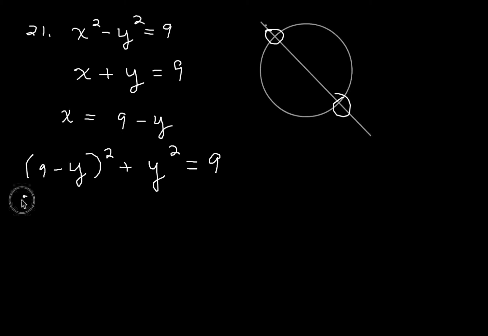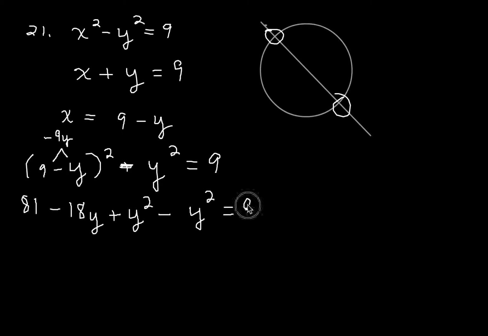And so we're going to get 81. Take these two together, negative 9y, and multiply it by 2, so you get negative 18y plus y squared. Seems like I did something wrong here. X squared, oh, this should be minus y squared equals 9.